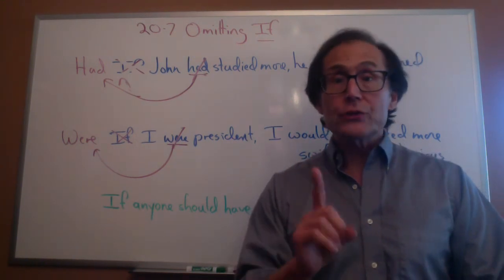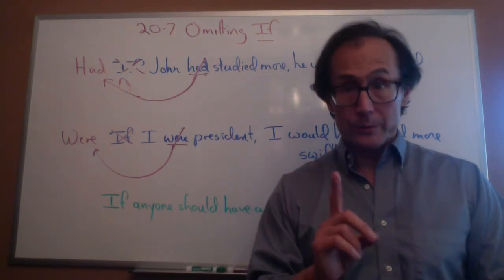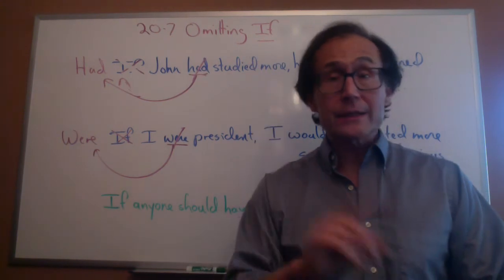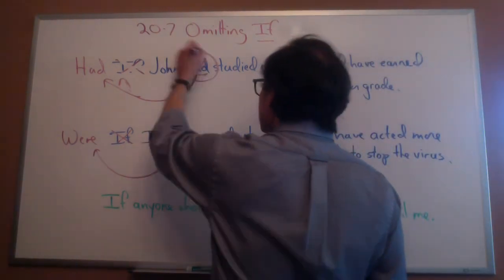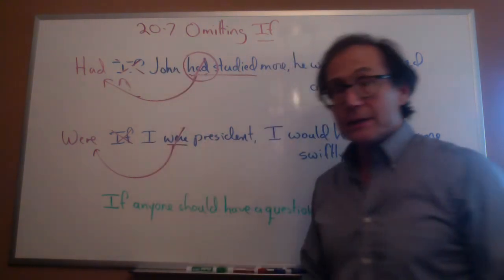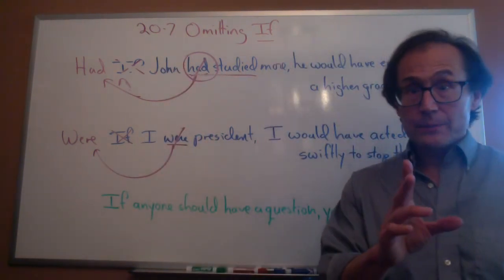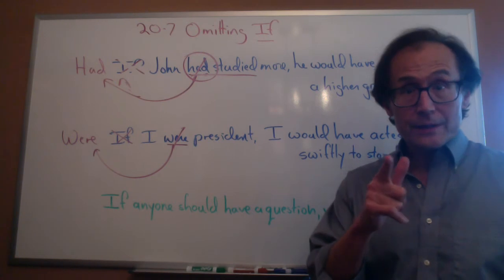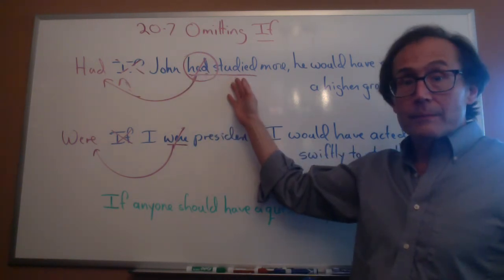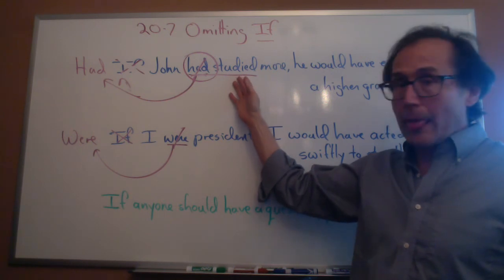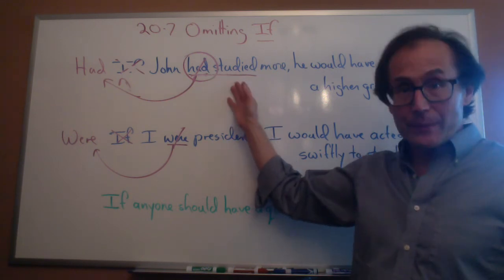Something important to know: I cannot do this with all verbs. That's important to remember. I can do it with had, especially when had is the first part of the past perfect, when had comes with a past participle.